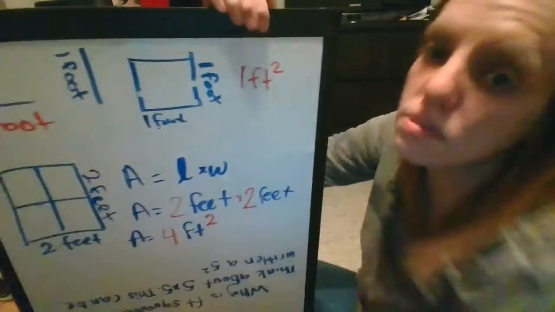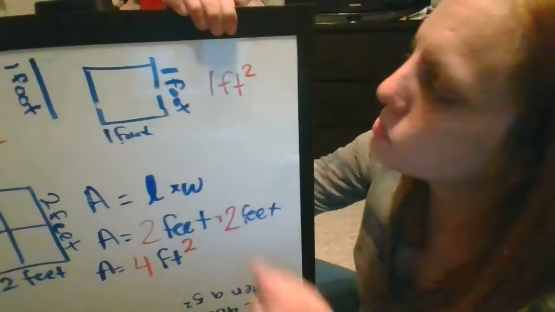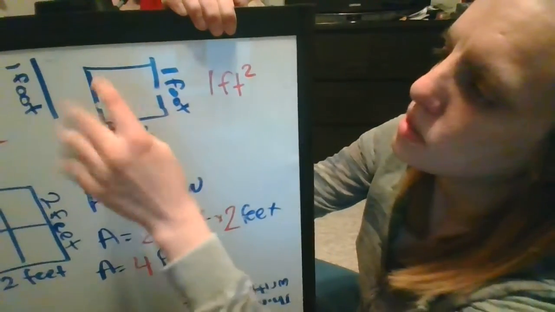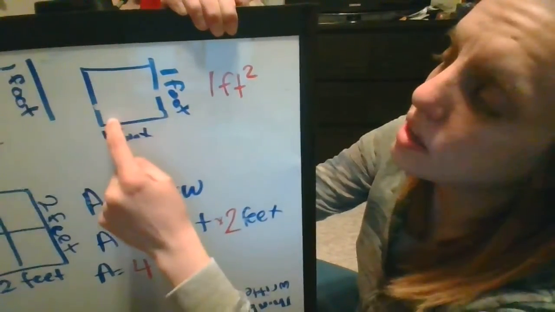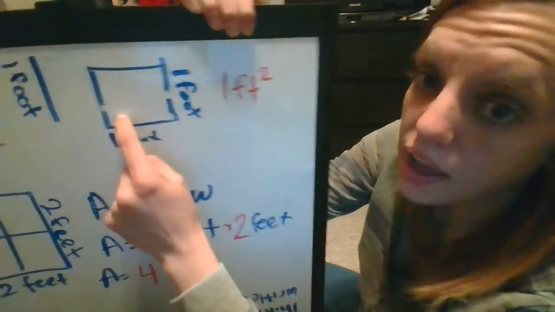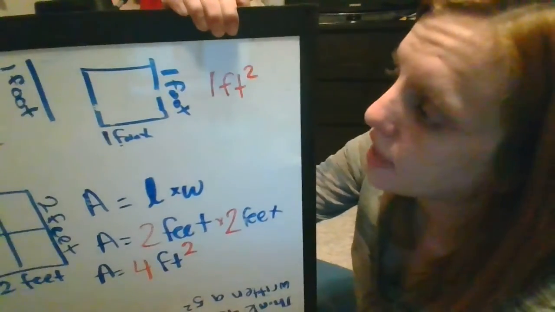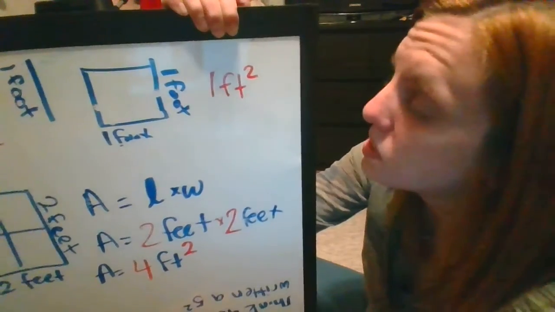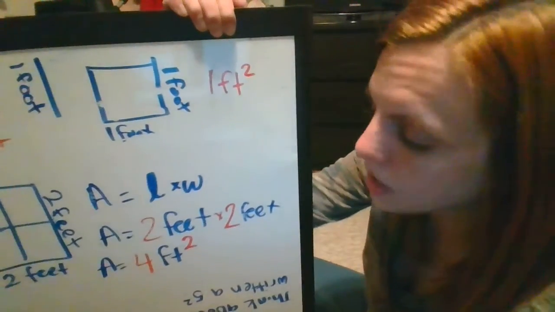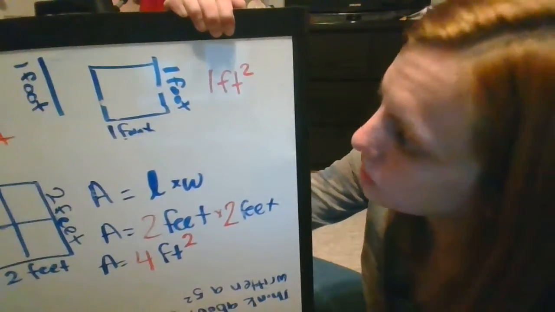This is a two-dimensional figure, and that is where feet squared comes from. You have your width, and then you have your length, and that is where the feet squared comes from.